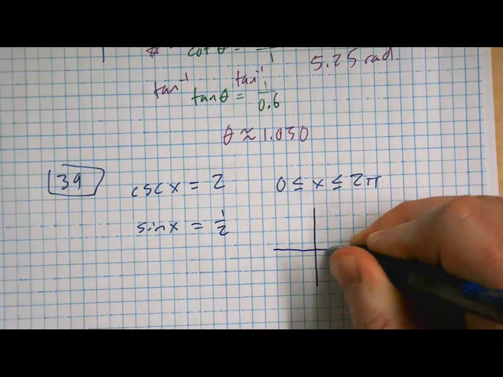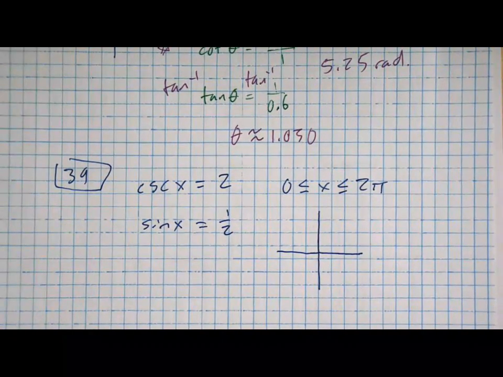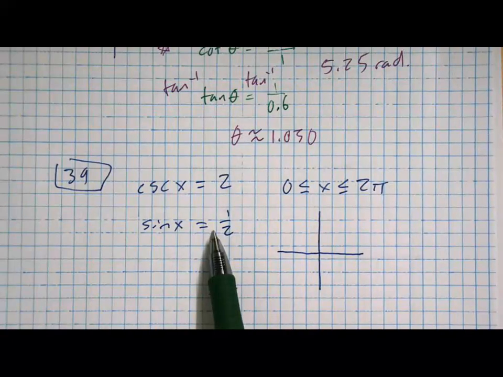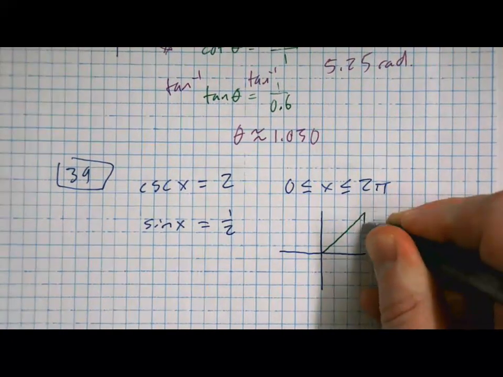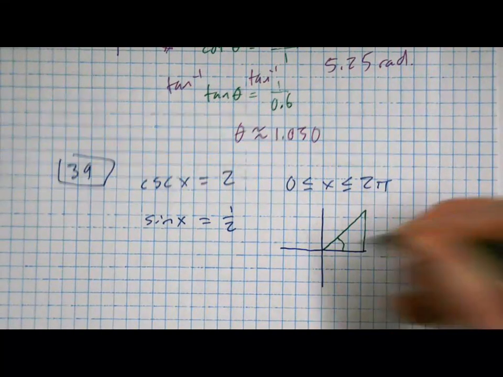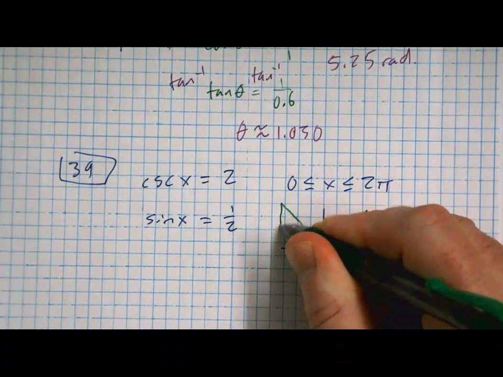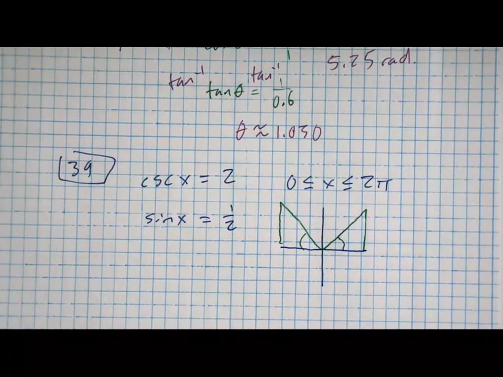So where's my reference triangle going to be? Well, so where is sine positive? Sine is positive here. So we will have one reference triangle here. And we are going to have a reference triangle here. And we don't have enough information to narrow it down between the two, so we're going to end up with 2 answers for this.